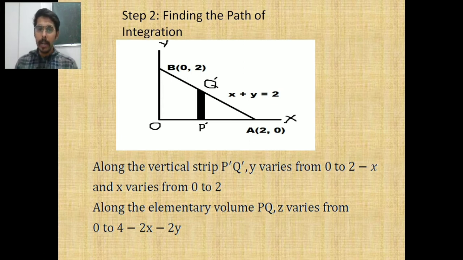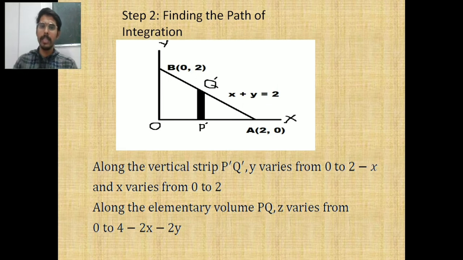And the equation of the line, you can find it from the coordinates given to you also, so that will be x plus y equals 2, and we have A equals 2 comma 0 and B equals 0 comma 2. Now clearly we can see here, just like we have performed in the surface integral, how to find the limits. So x goes from 0 to 2 and y will change from 0 to 2 minus x.